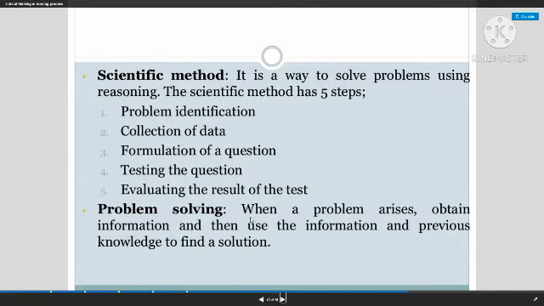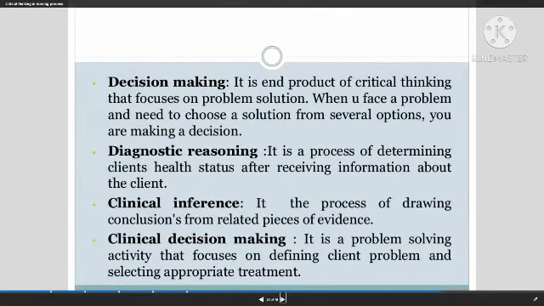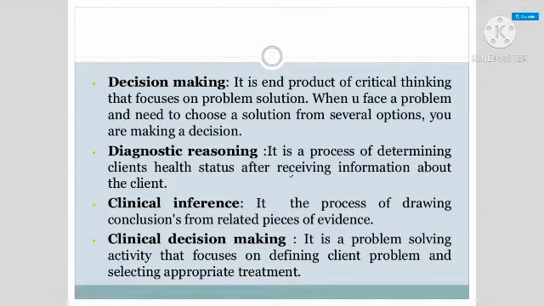Then, problem solving: when a problem arises, obtain information and then use the information and previous knowledge to find the solution. Decision making is the end product of critical thinking that focuses on problem solution. When you face a problem and need to choose a solution from several options, you are making the decision. From different options, you have to make a decision which is right for that particular person.